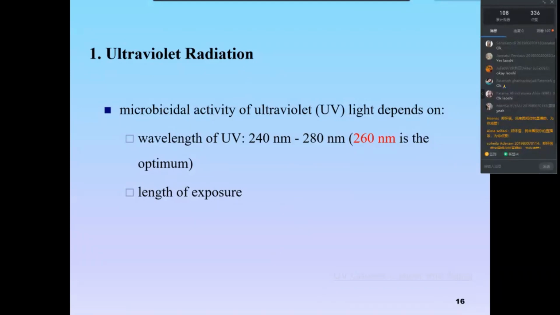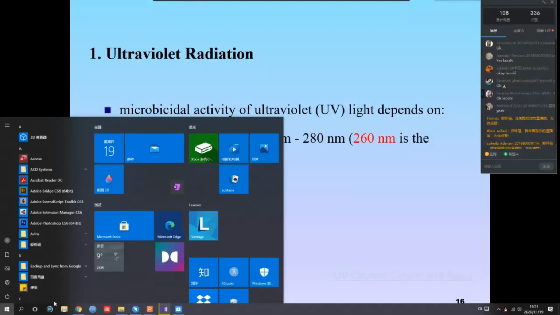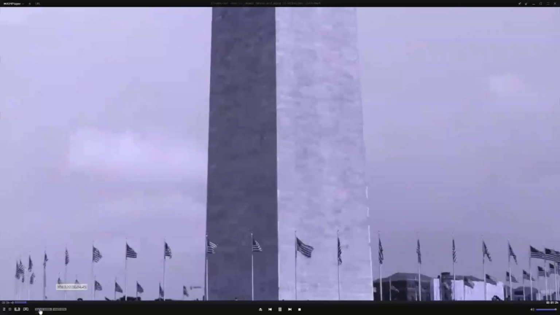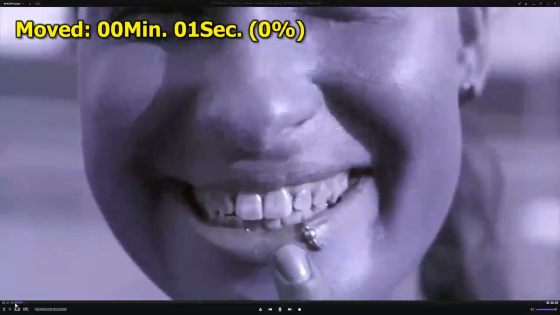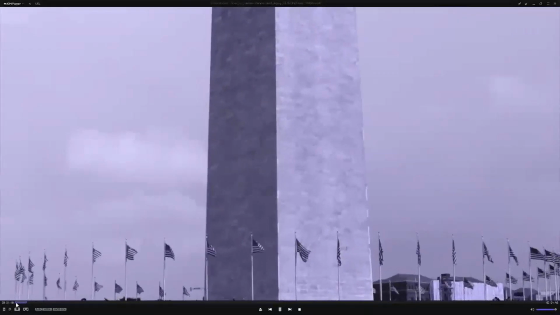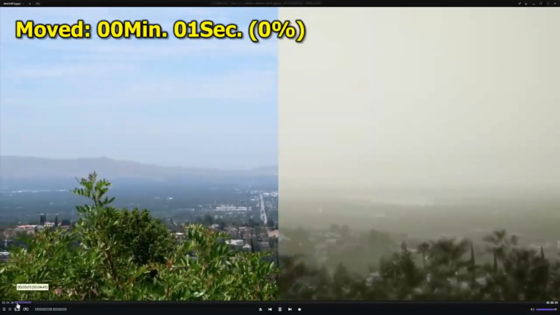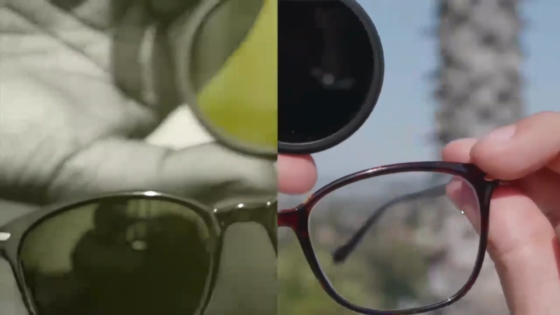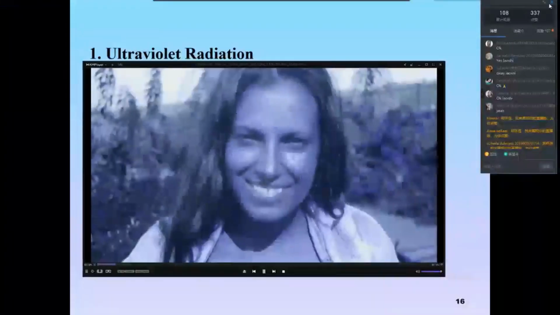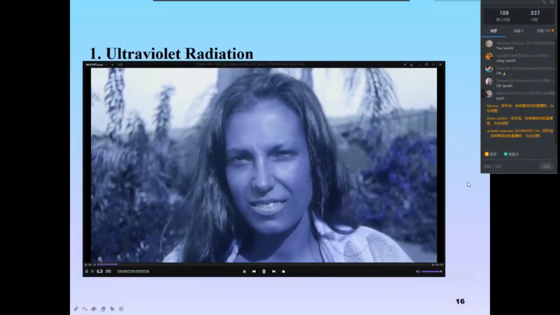Recently, I made a video about what the world looks like in the ultraviolet. Some things look the same, but generally it's hazier, sometimes light and dark are flipped. Skin looks blotchier, and fake teeth stand out. Whoa.